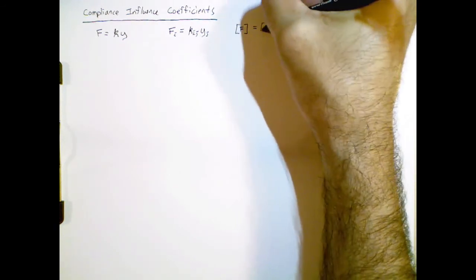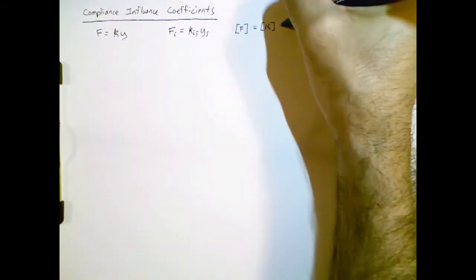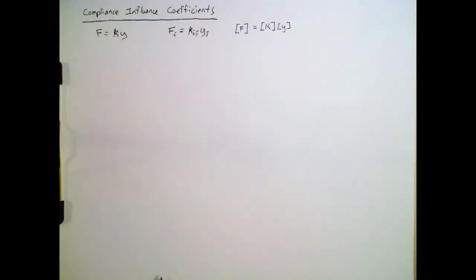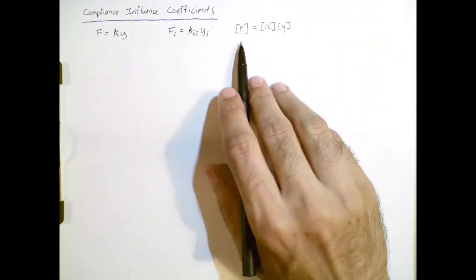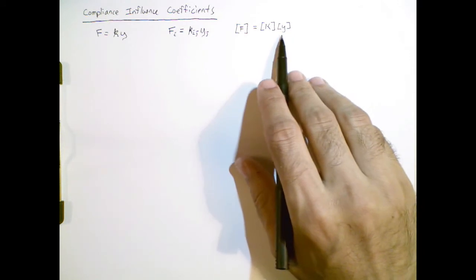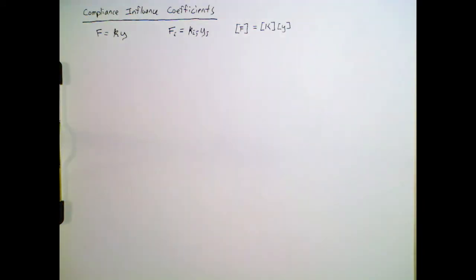It's going to be equal to the stiffness matrix times the displacement vector. Usually the forces are known. We can derive the stiffness matrix from geometry and material properties, and usually we're solving for the displacement vector y. So this is background to introduce you to this concept of compliance influence coefficients.